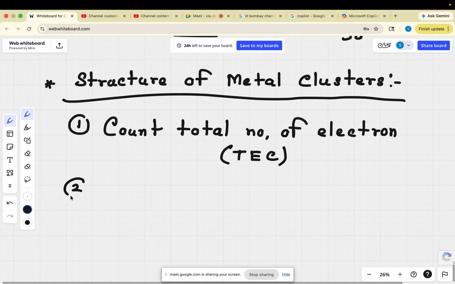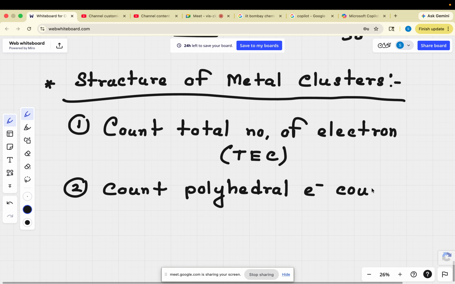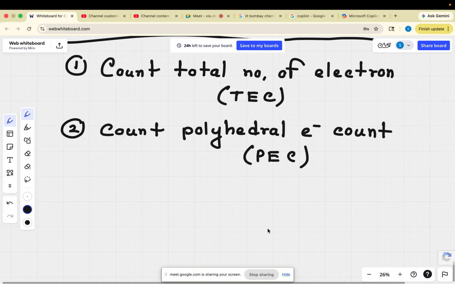Okay, number 2, write down, count polyhedral electron count, which is known as your PEC. So first of all you have to calculate TEC, total electron count. Next you have to count polyhedral electron count, which is your PEC.